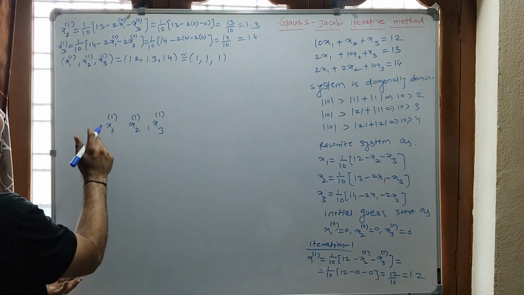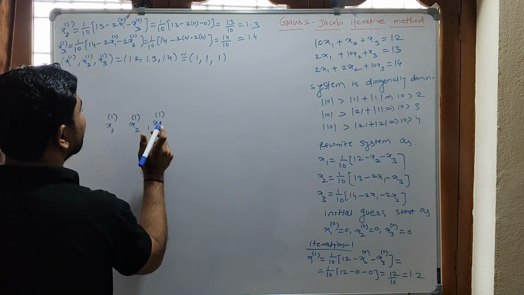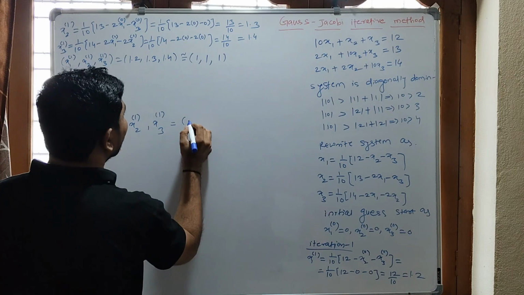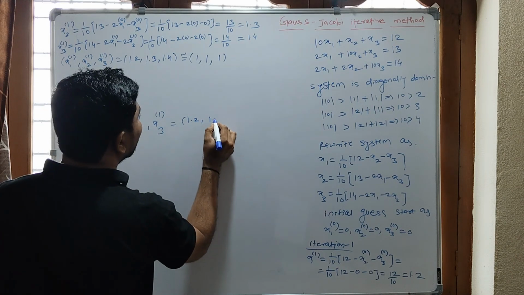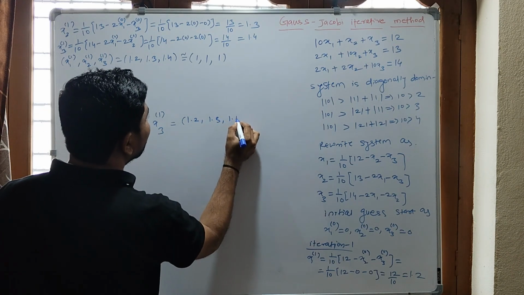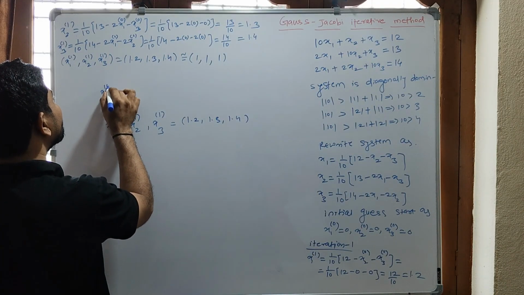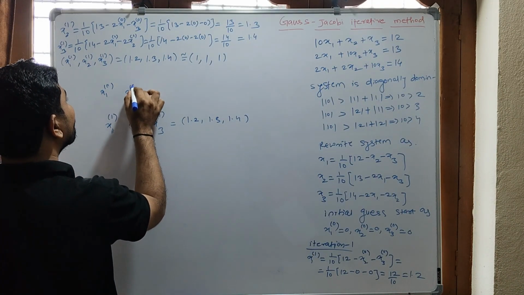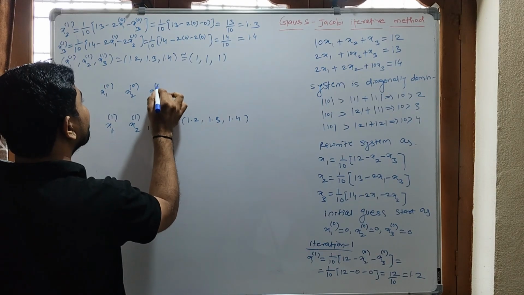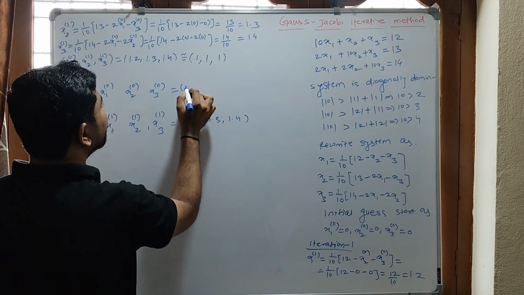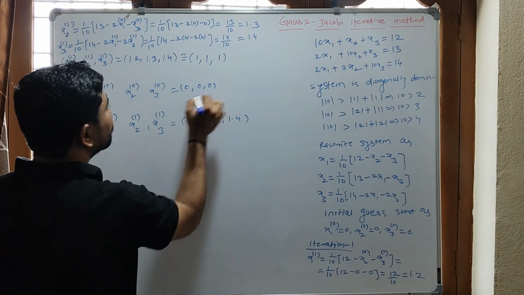So I find these values 1.2, 1.3, 1.4 with the help of x1 at 0, x2 at 0 and x3 at 0, which are given as approximately 0, 0, 0.